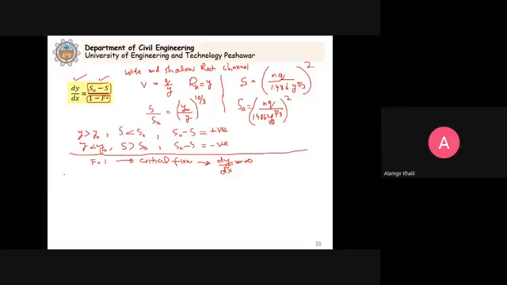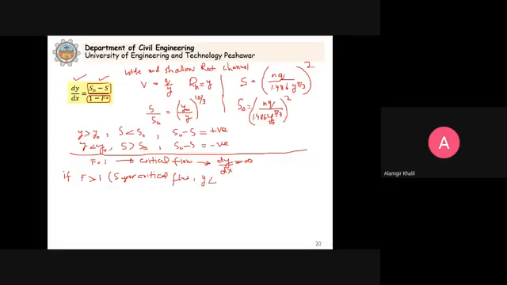Now, if F is greater than 1, if the Froude number is greater than 1 in the problem, then it means that we have supercritical flow, and in supercritical flow y is less than yc.